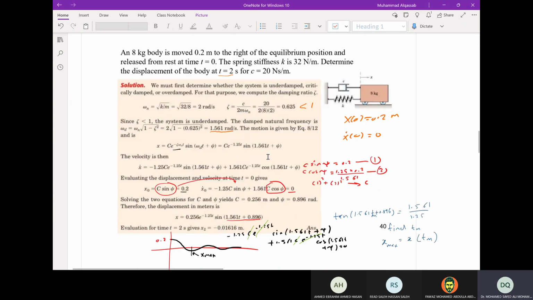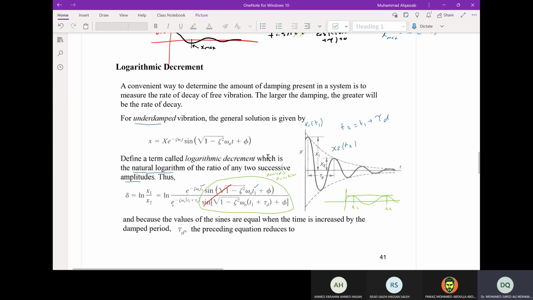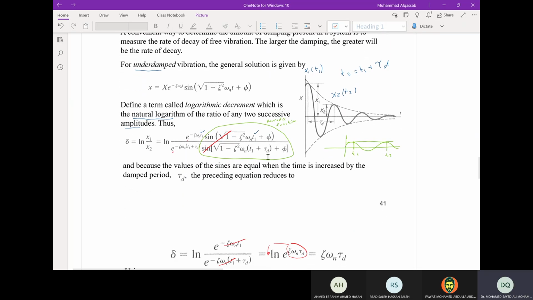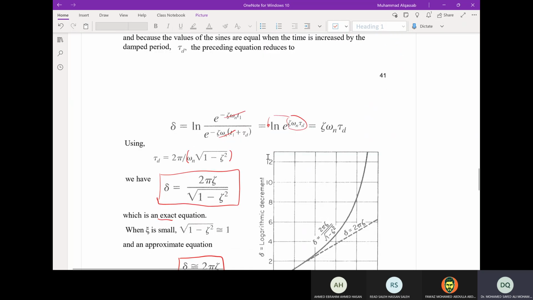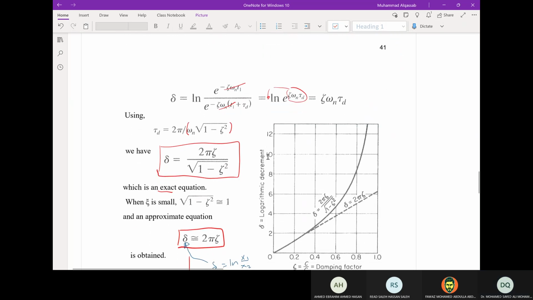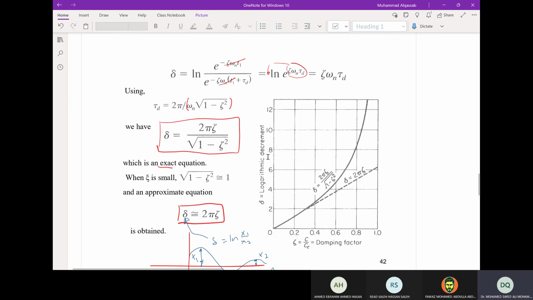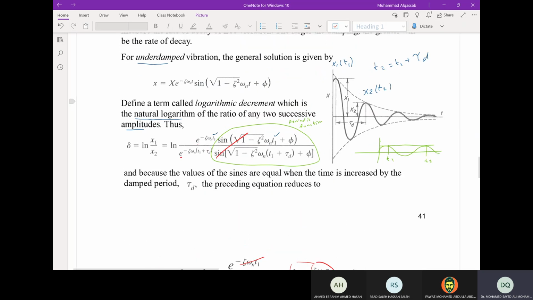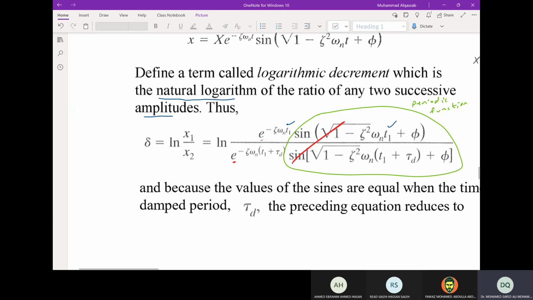Okay, and we solved this example last time, and we talked about the logarithmic decrement. The logarithmic decrement is a way to measure the damping in a system, which involves an experimental part. This is the definition: delta equal to ln x1 over x2.